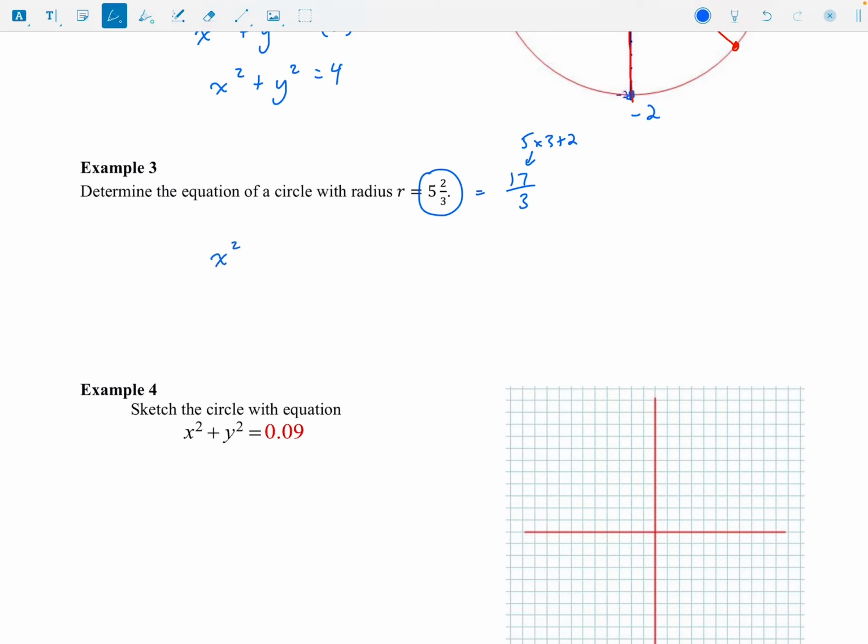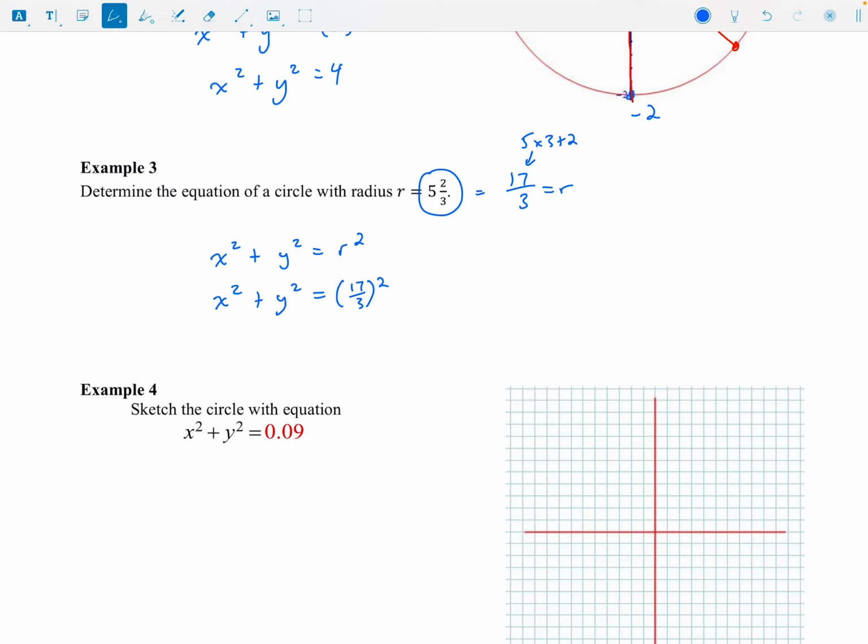All right, same thing as before. x squared plus y squared equals r squared, and this time r is 17 over 3. So we say x squared plus y squared equals (17 over 3) squared. And that can work as an answer.